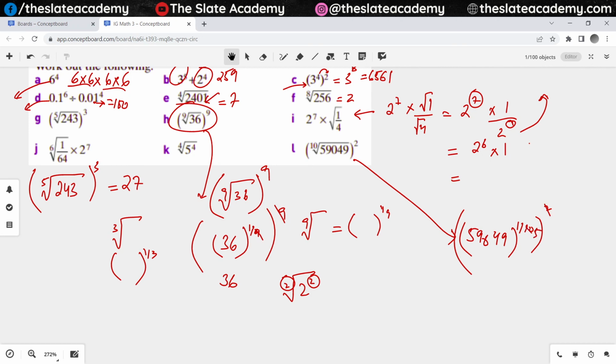So you simply have to find the fifth root of 59049, or 59049 raised to the power 1 over 5. Powers, you write them as fractions. Correct.